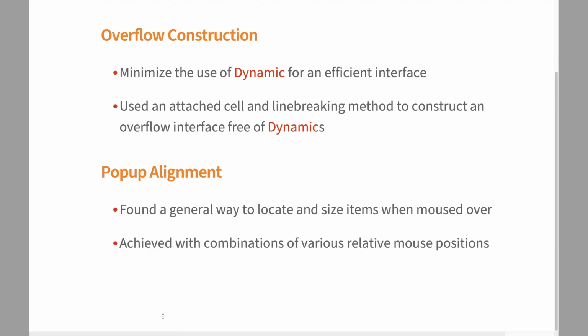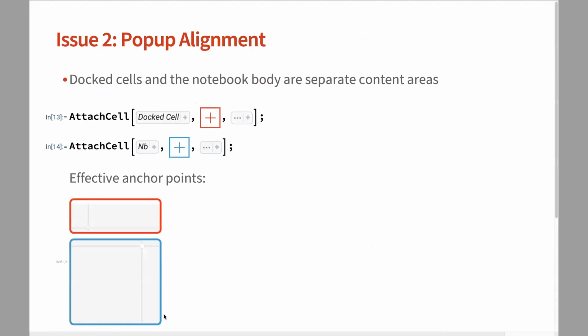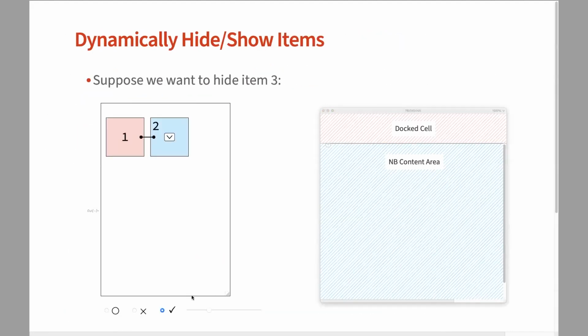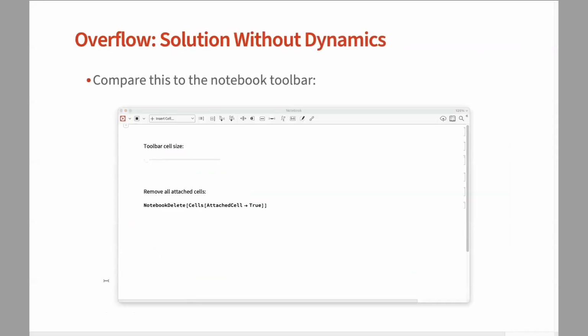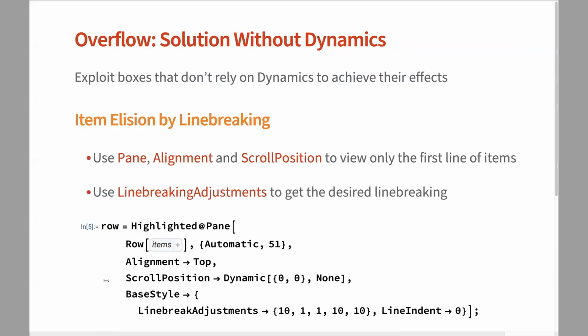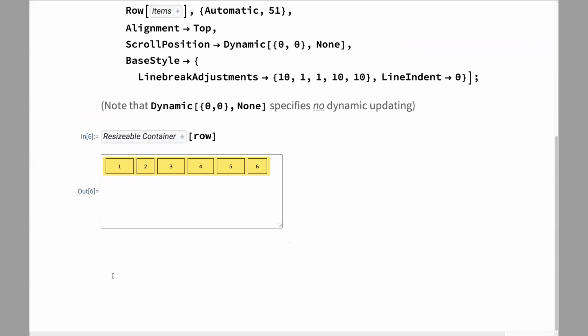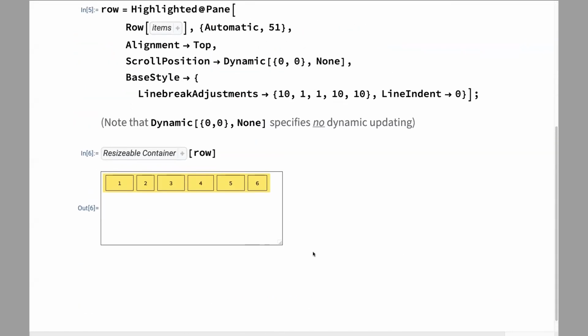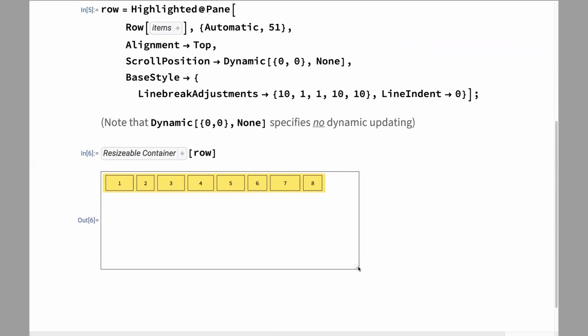If I just go back to that, where was it? Here we go. So it was here, right? The idea is that this is literally just the row of items and the line breaking off one by one, and then we're only viewing the top row. That's fine for getting the elision behavior, but the problem is we also want the overflow menu.